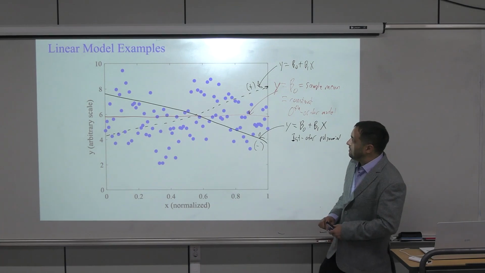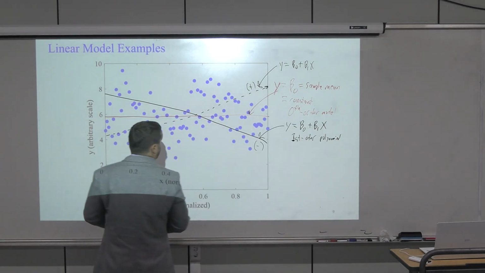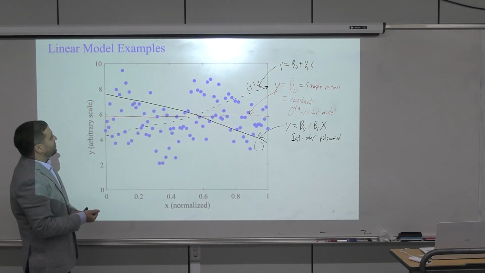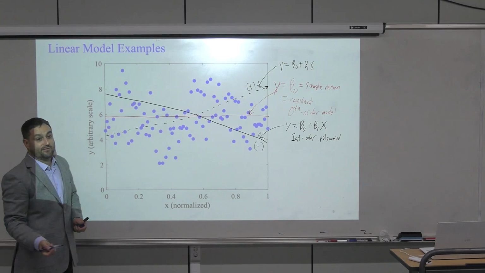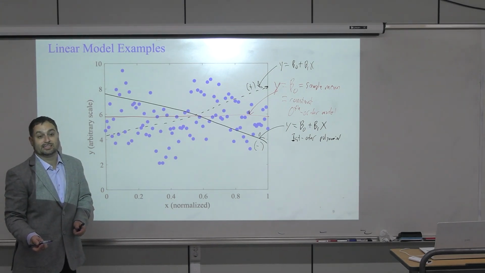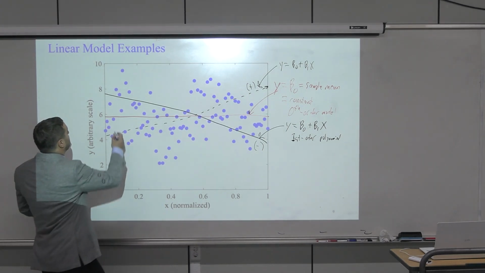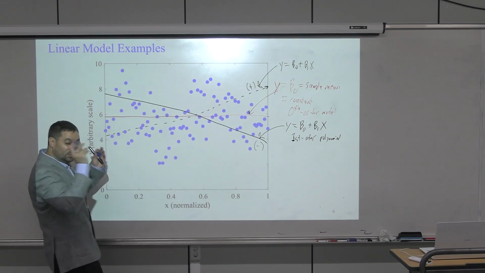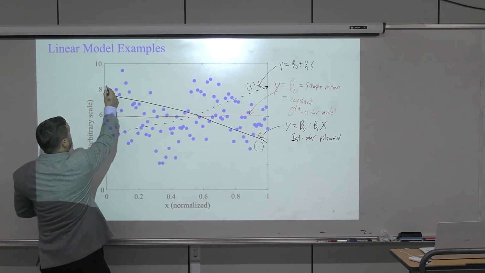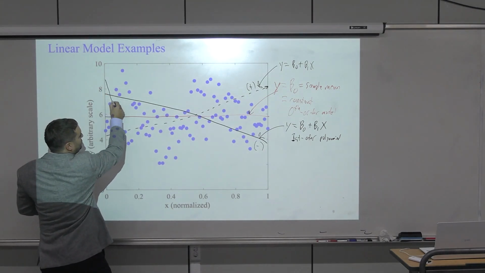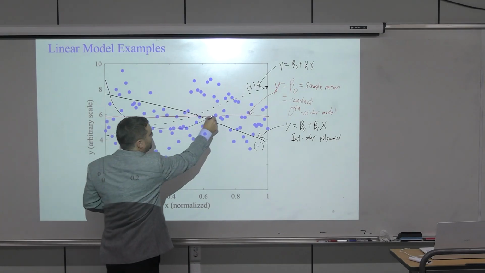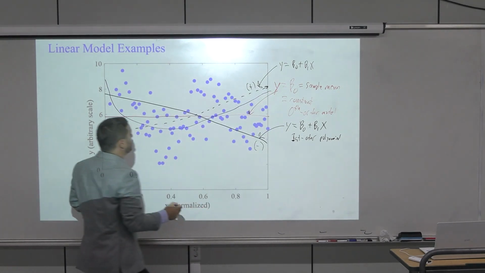Also, if we look at this, we could try to fit, for example, a quadratic. Once again, I'm just eyeballing it. So maybe I could try to fit a quadratic curve, something like this. Okay?